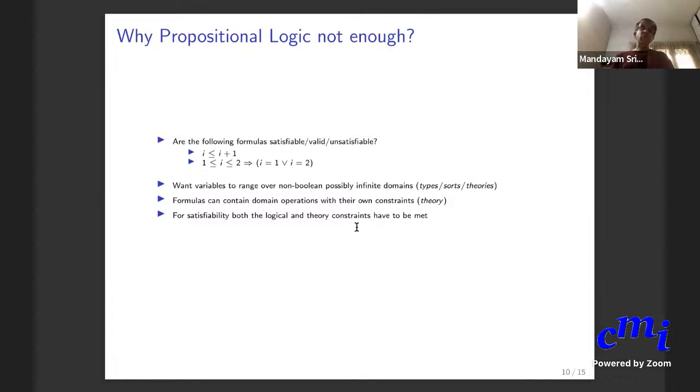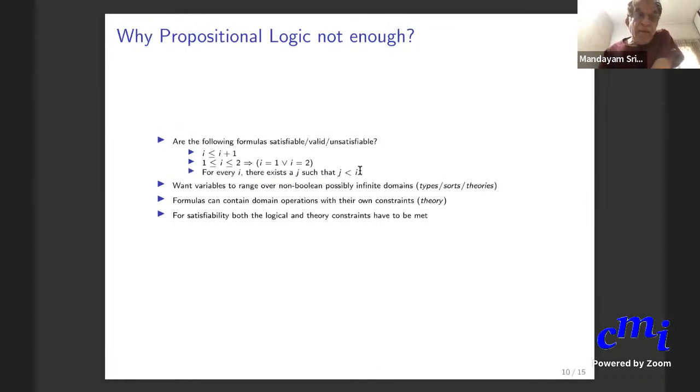And that's why the checking of such formulas, and these are examples of formulas in first order predicate calculus with specific theories, in this case arithmetic. Okay, so that is the point that I was making.